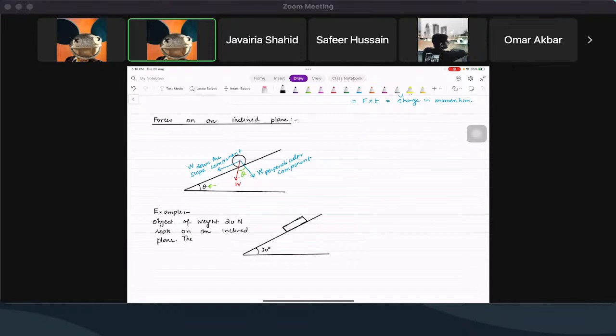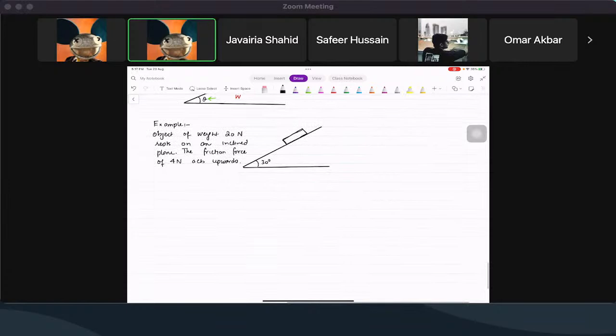The friction force of 4 Newton acts upwards. Okay, like that.